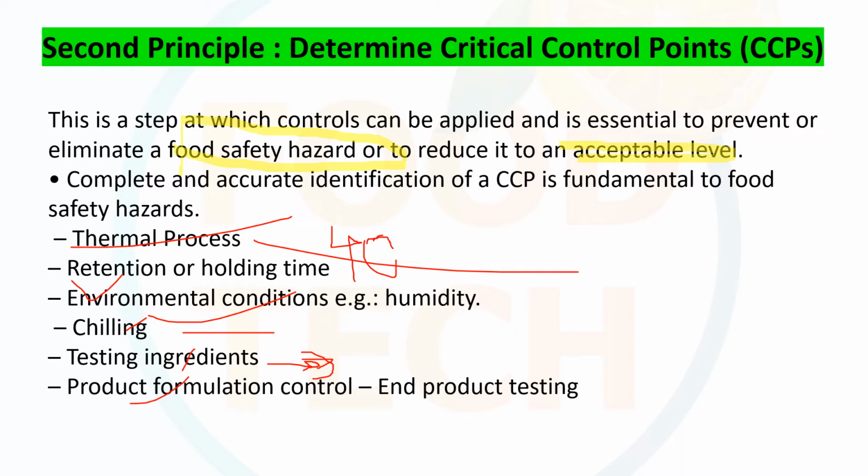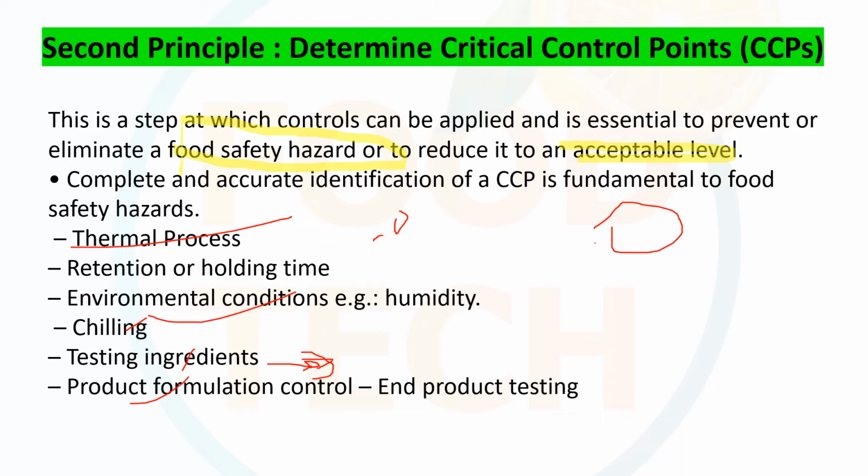If the product is exposed above 40 degrees Celsius, there is harm to the texture, there is harm to the physical attributes of that product. So here the critical control point is 40 degrees Celsius. Above that you can't go. So this is all about critical control point.